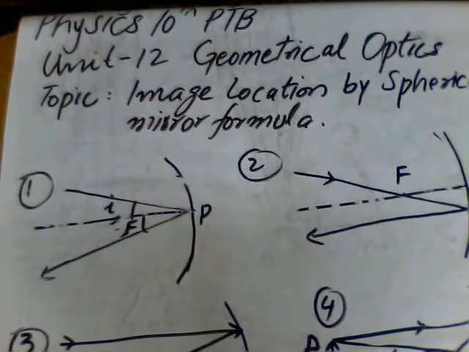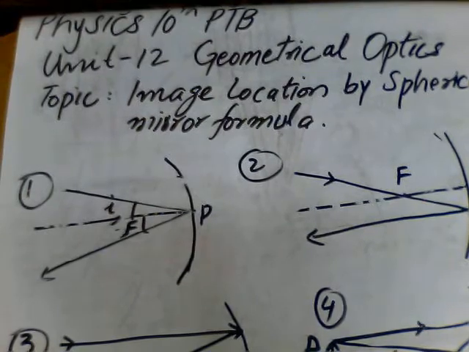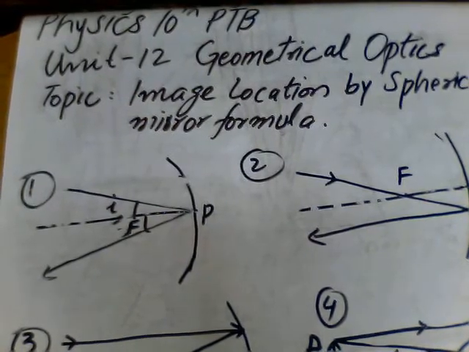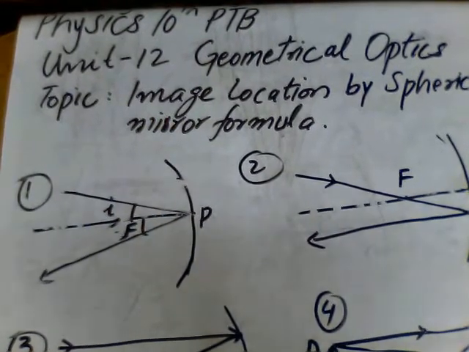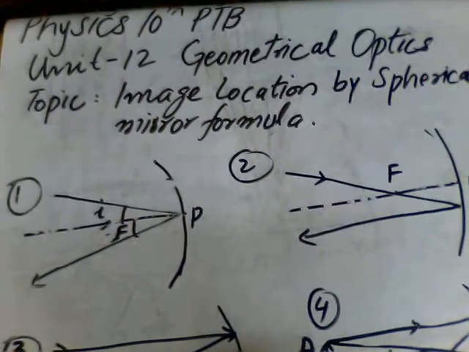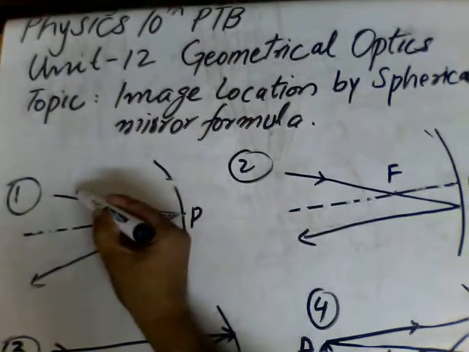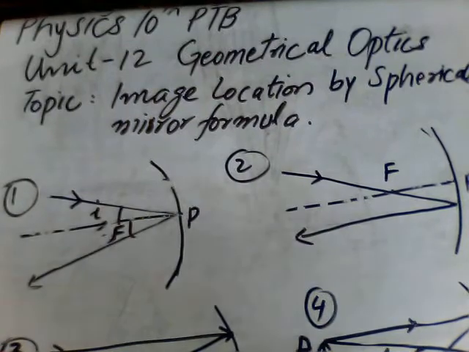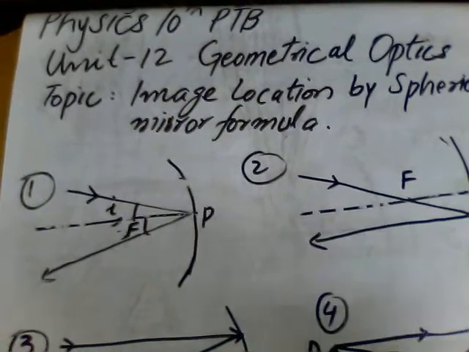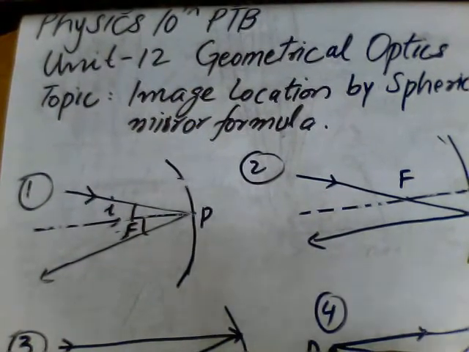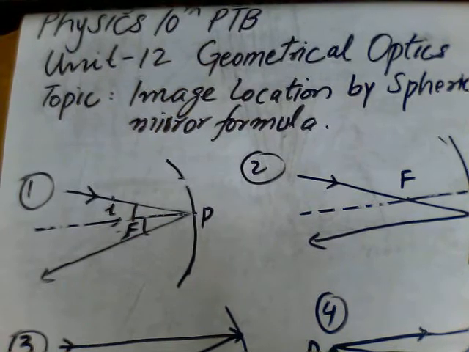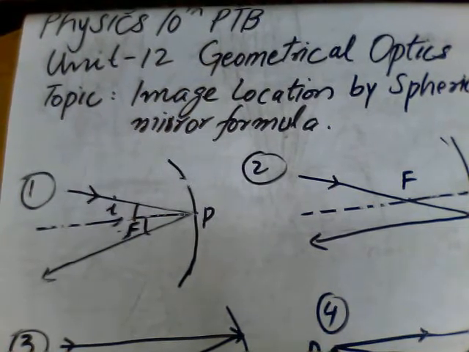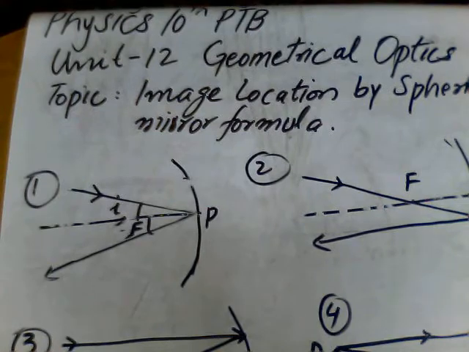In the first figure, if you look at the figure, one light ray is shown, and this light ray hits the concave mirror at point P.